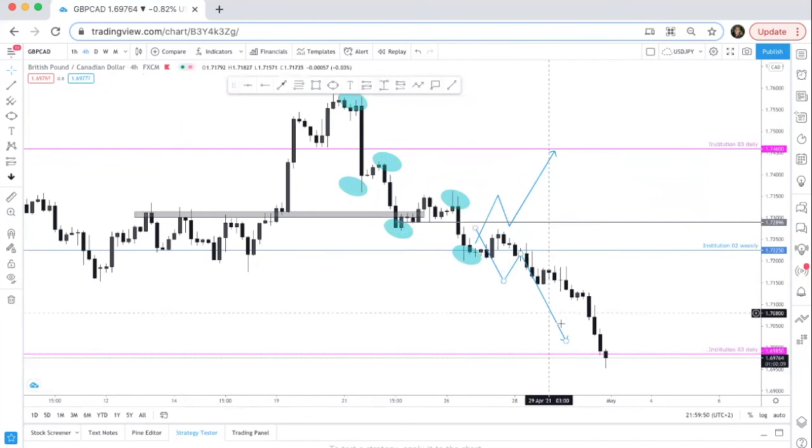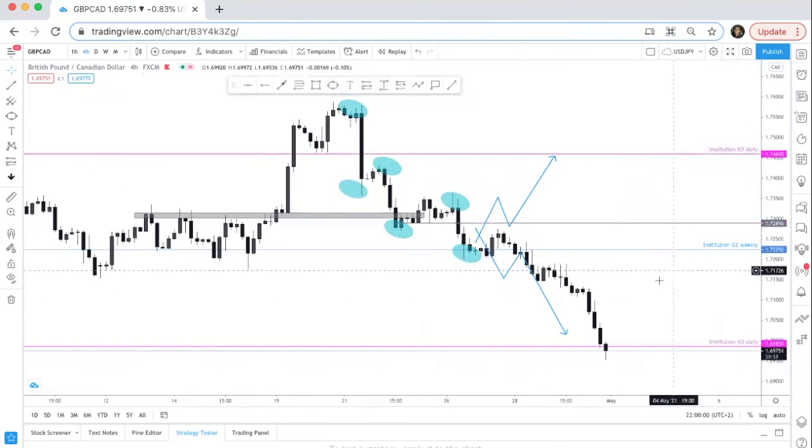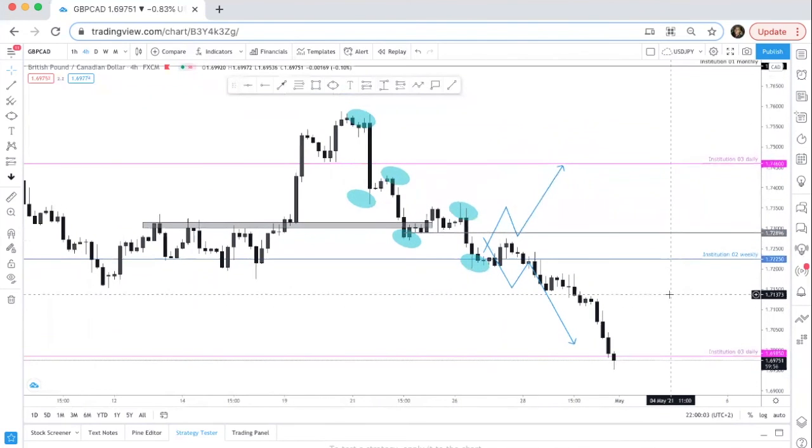I did not catch this, however. I didn't get a break and retest as clean as what I would have liked it to be. So I stayed out of the market on this. But as you can see, I am quite happy with the analysis. Price did go to my area, so we'll see in the following week what we are able to catch.